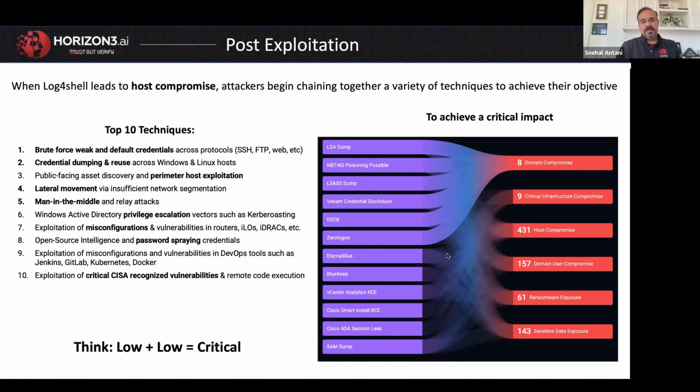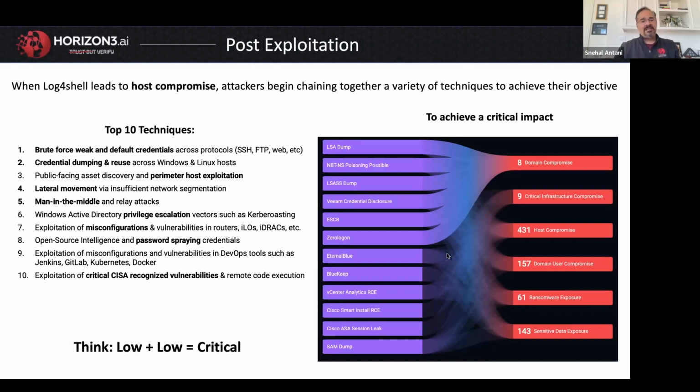And if you look historically, at least across our now 22,000 pen tests that we've run over the last 18 months, the top 10 techniques that we've been able to use to successfully compromise the environment are listed here. Where once you've gained host compromise, you start to look for brute forcing of weak and default credentials. You start to dump credentials and reuse them across Windows and Linux hosts.